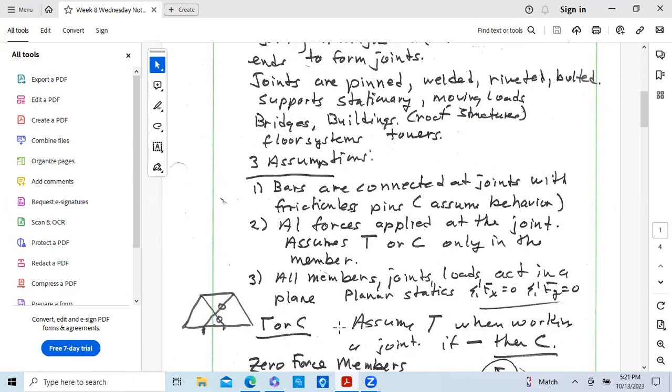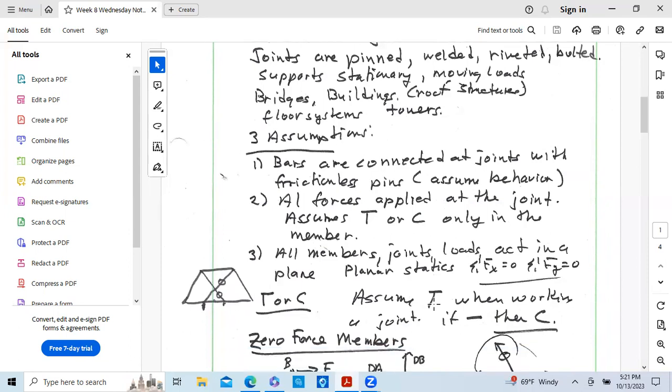As you're working a truss, I can tell you that on many of the trusses we're looking at, I don't know which members may be in tension, or particularly which may be in compression. So to simplify things, you're not trying to do that. As we work through the problems, assume all forces are in tension.